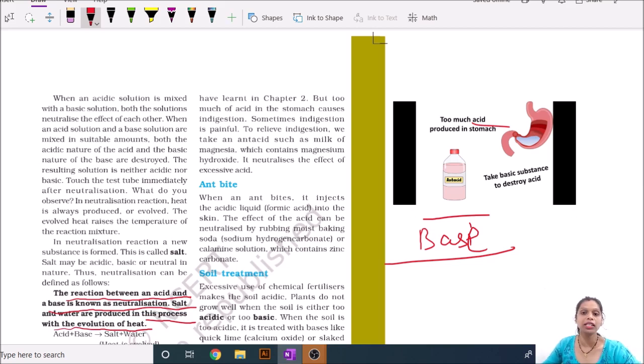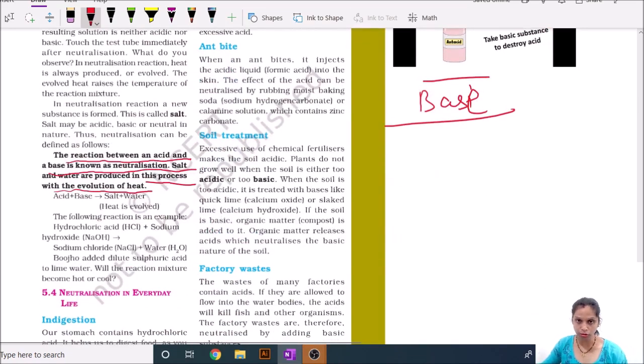Then this is a daily experience you can get from the process of neutralization. Okay, now our next experience: whenever an ant bites you, formic acid is injected into our body. For neutralizing this, we rub sodium hydrogen carbonate, meaning baking soda, or alkaline solutions.